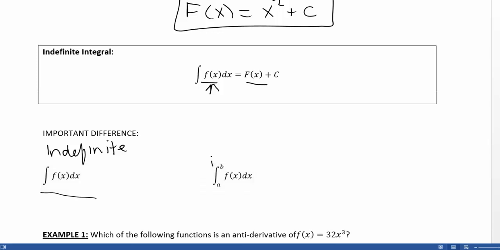When you have numbers on the bounds, that's called the definite integral, and you are computing the area under a curve between 2 points, so you're expecting a numerical answer. Even though the symbols look the same, they're computing different things. So make sure you read the questions carefully to determine if you're looking for an indefinite integral or a definite integral. Okay, so now let's practice some of the methods we can use to find indefinite integrals, to find antiderivatives.